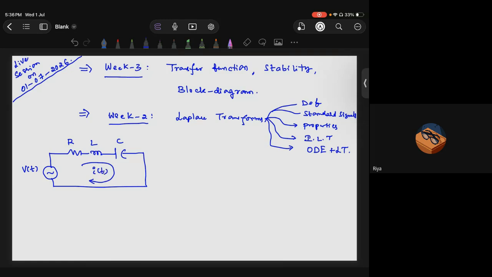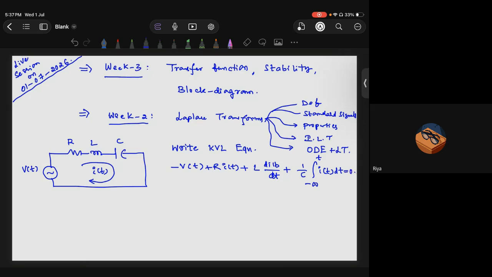What is the equation if you apply KVL in this loop? Write the KVL equation. What do we get? Minus V of t plus R i of t plus L di of t by dt plus 1 by C integral from minus infinity to t of I of t dt equal to 0. Am I correct?